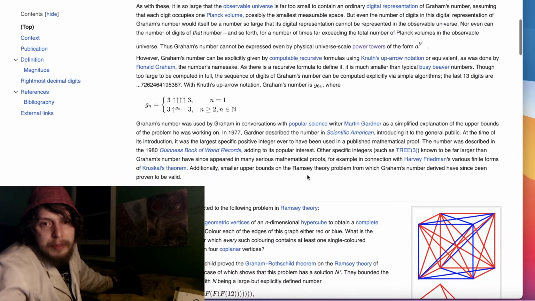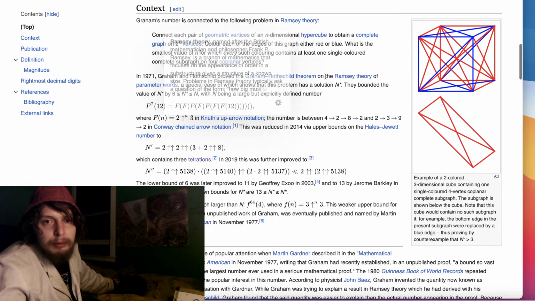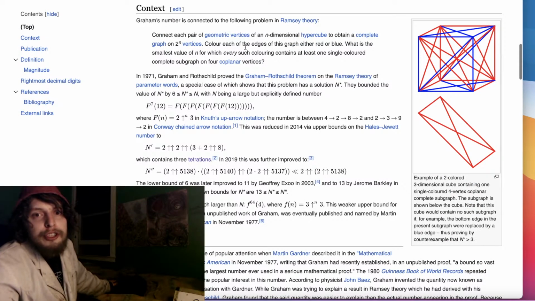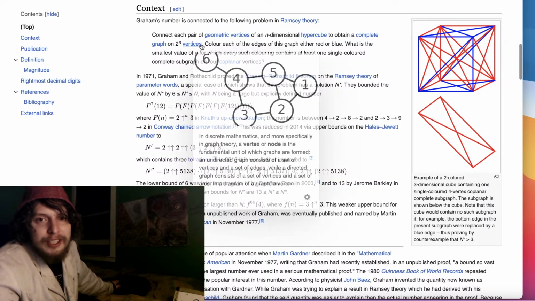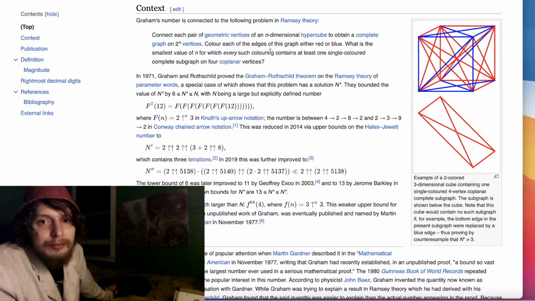Let's see. Graham's number is related to the following problem. Connect each pair of geometric vertices of an n-dimensional hypercube to obtain a complete graph on 2 to the n vertices. So it's this whole question. Now, they noted this bound they found for a while that was pretty crazy. And they have tightened the bounds.